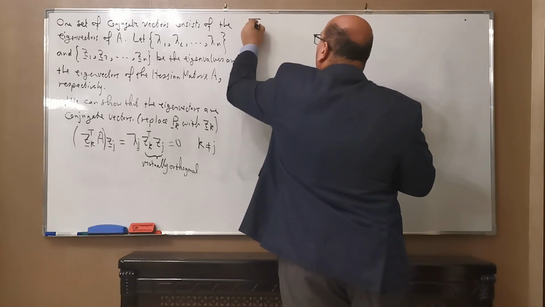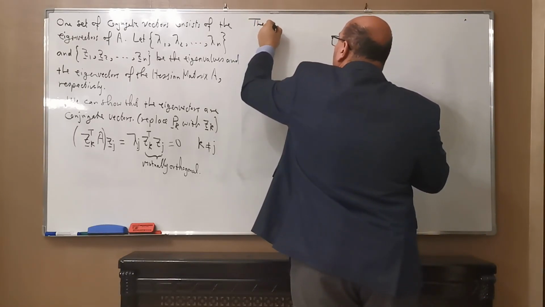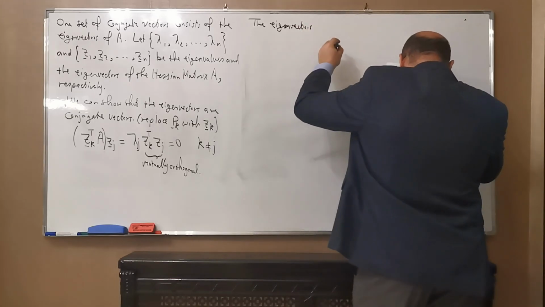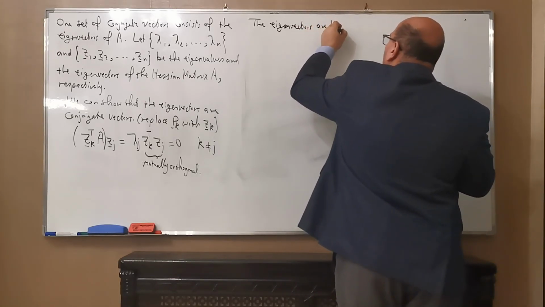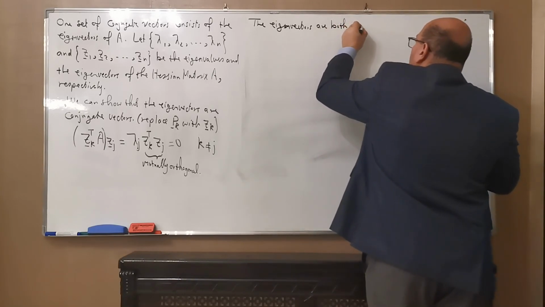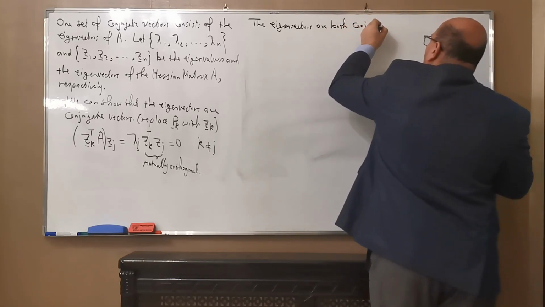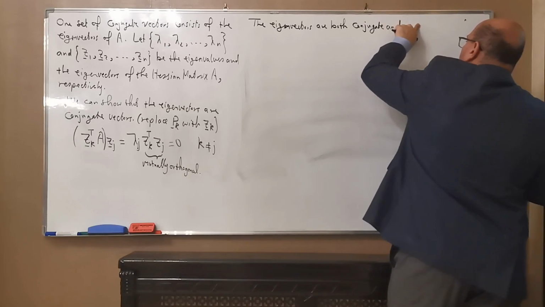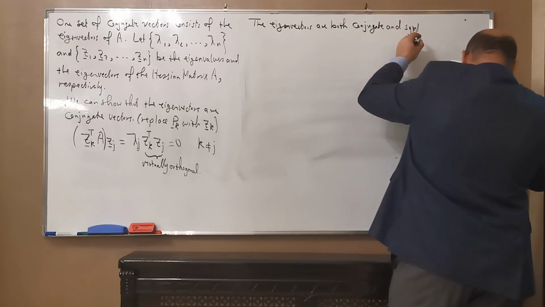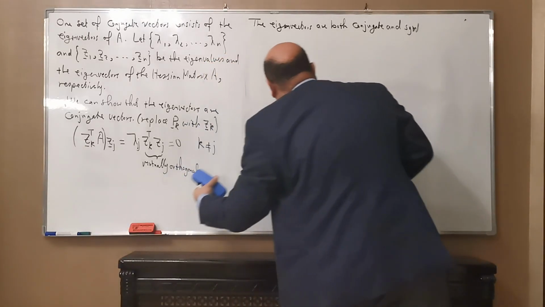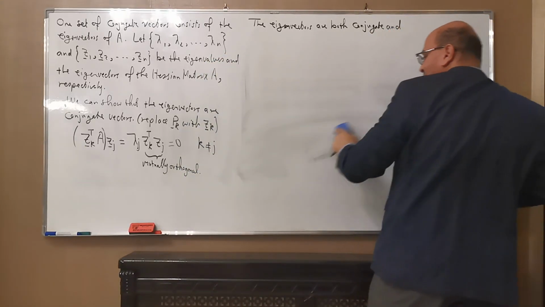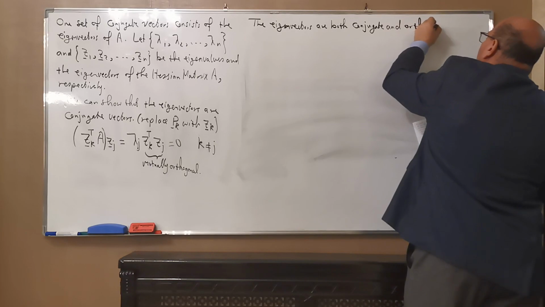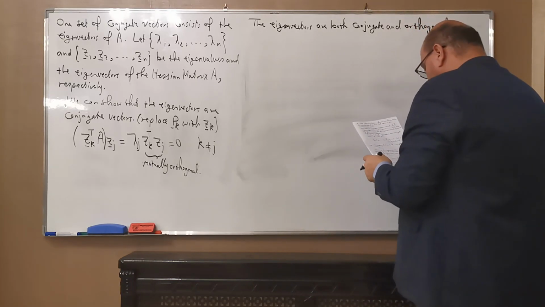So the eigenvectors are both conjugate and orthogonal. Sorry, I mistakenly said symmetric. Conjugate and orthogonal.